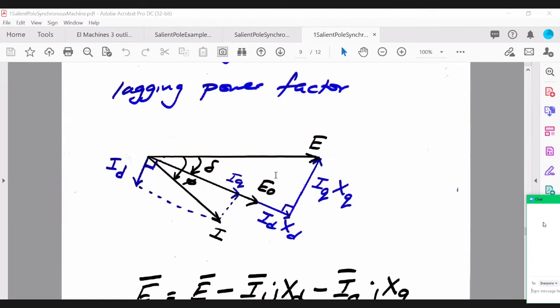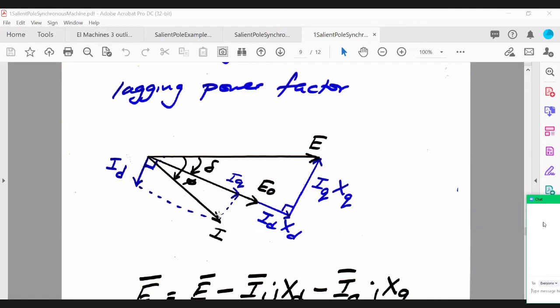So when you operate in motor mode, what happens is now your induced voltage is lagging the terminal voltage, all right? Whereas in generator mode, your E naught is leading the terminal voltage, right? So as you can see, if we look at this phasor diagram, this is a lagging power factor motor.